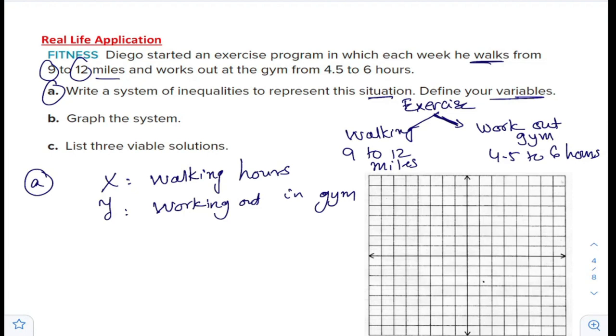And now we will write the system of inequalities. What do we have here? First, for the X, we know that the walking should be more than or equal to 9 because it's from 9 to 12.